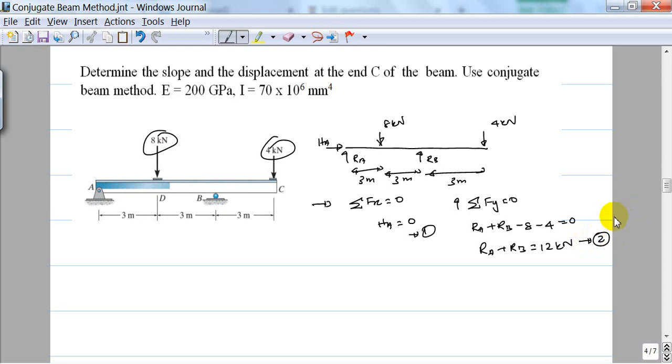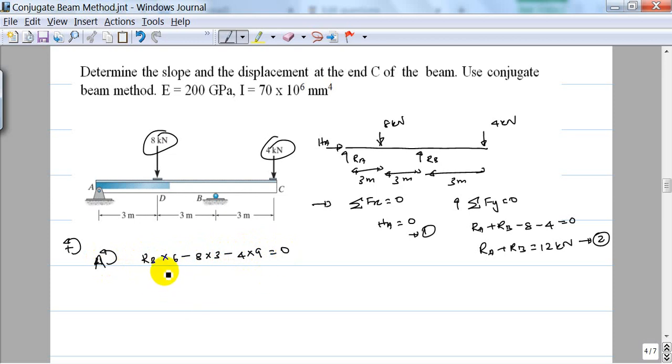This is my second equation. Now we need one more equation to solve this problem, so I'm going to take moment about A. My sign convention is always counterclockwise positive. Taking moment about A: RB into 6 minus 8 into 3 minus 4 into 9 is equal to 0.